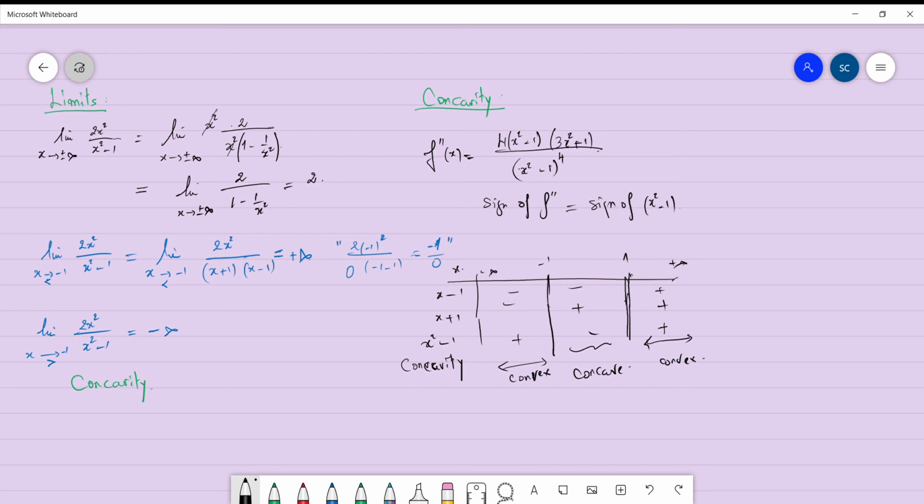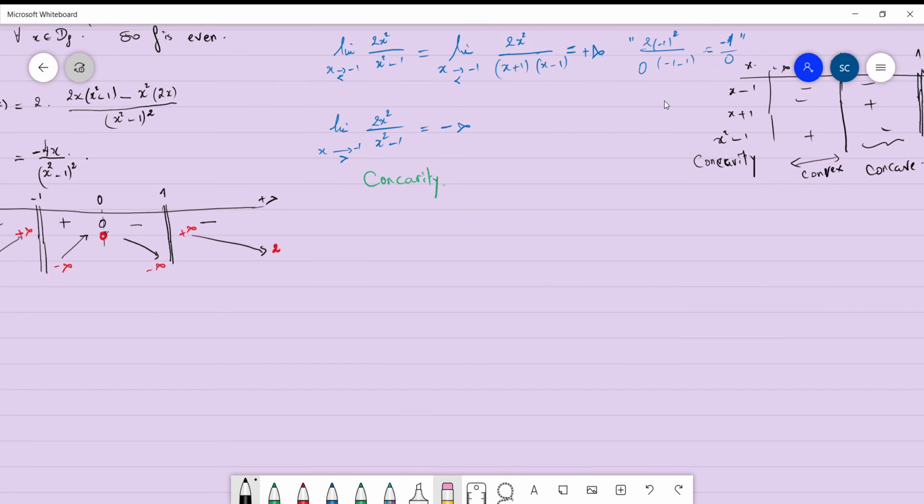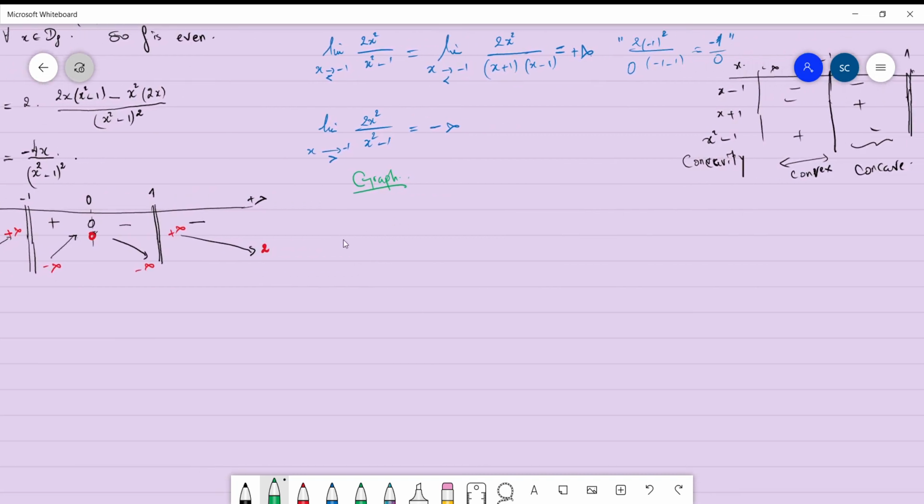Now we can graph our function. So let's start doing the graph. Of course, here we have vertical asymptotes, we have a horizontal asymptote y equal 2, etc. So we don't rewrite everything, but you can. So I need the concavity.